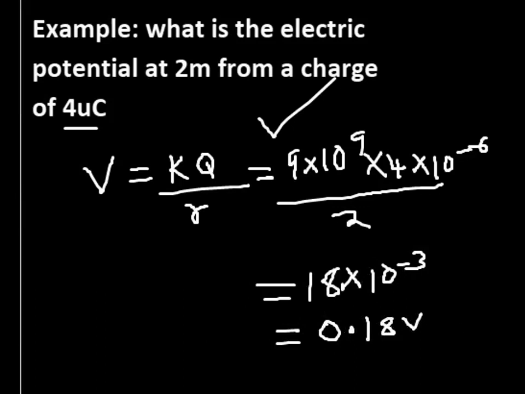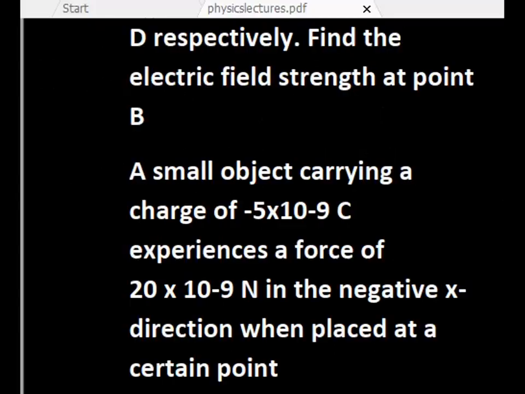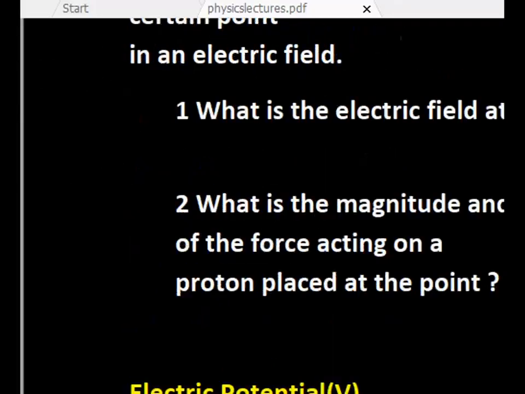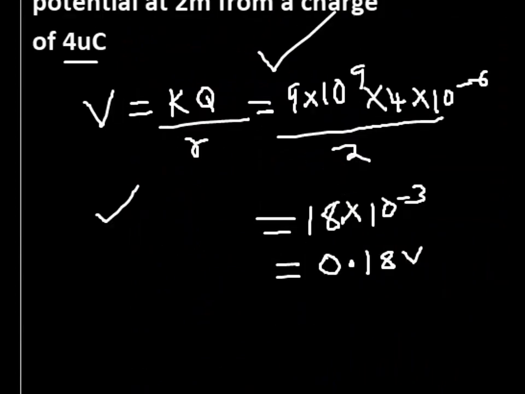I hope that's well understood. Let's proceed. Okay, there's a mistake here, please pardon me. This is 9 minus 6, so it's not minus 3.